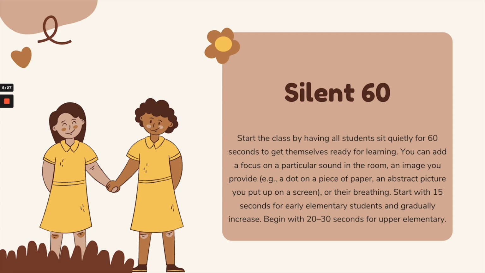For this one, you can add a focus on a particular sound in the room or an image that you can provide. No one will talk, just silence for a maximum of 60 seconds, and the students can reflect or just focus on certain things around them in their environment.